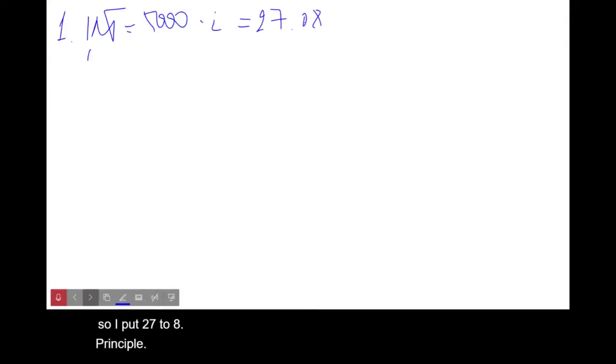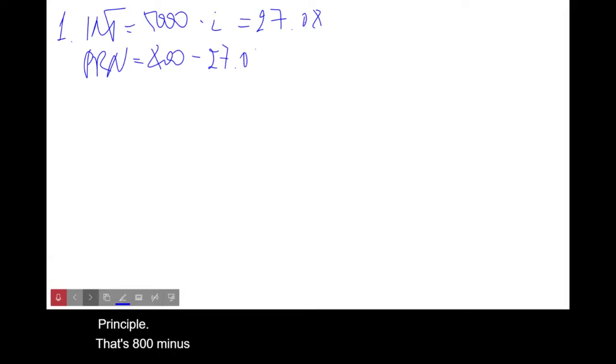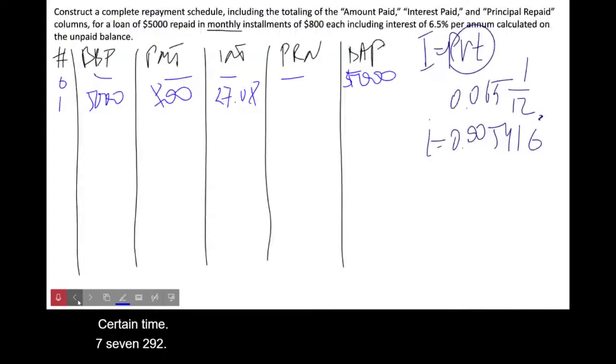Principal is 800 minus 27.08, so 772.92.